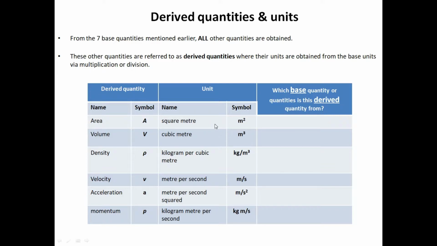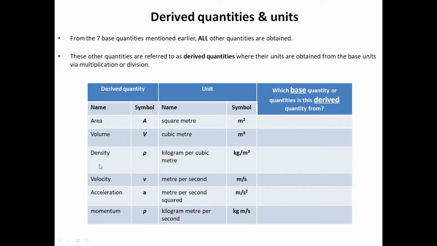So if you have 2 meters for one side and 2 meters for the next side, 2 times 2 will give you 4 meters squared. So the symbol for area is meters squared. And so you see volume, the unit for volume is meters cubed.